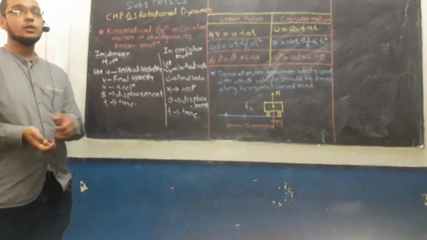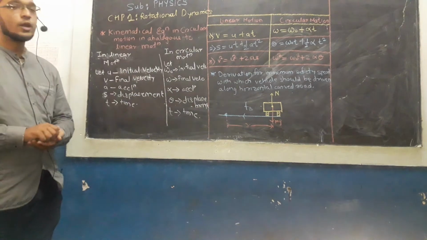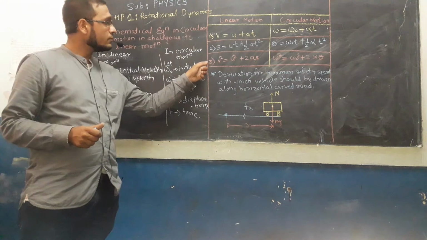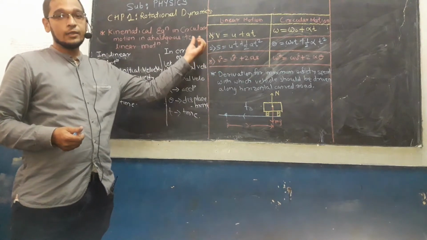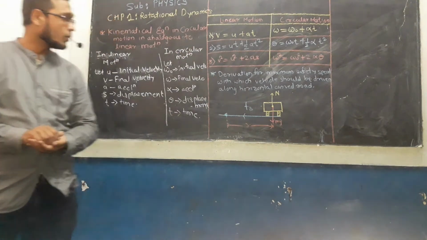So the third kinematical equation is omega square equal to omega 0 square plus 2 alpha theta. These are the three kinematical equations analogous to linear motion, and we require them while solving numericals.